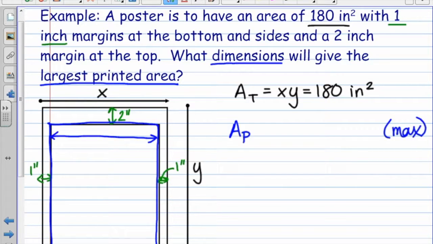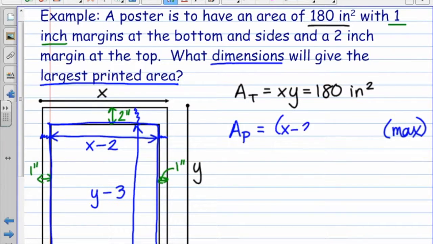The width of that printed area is going to be x minus the margins, so x minus 2. The length of the printed area is going to be y minus the margins, which are 2 and 1, so 3.